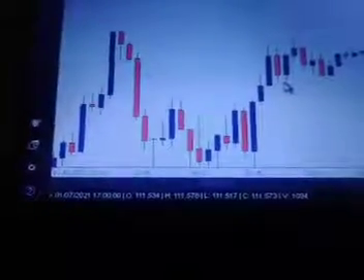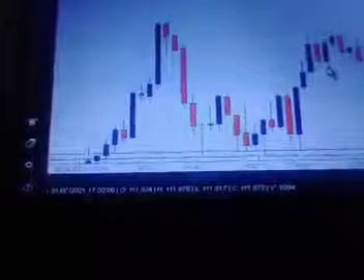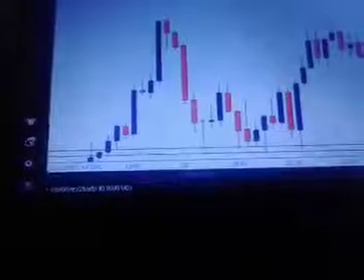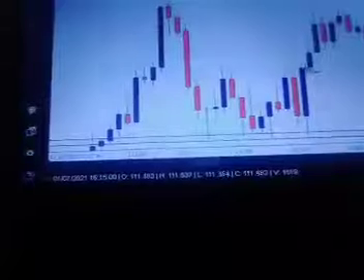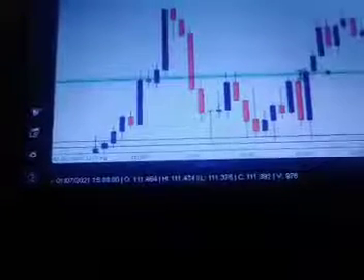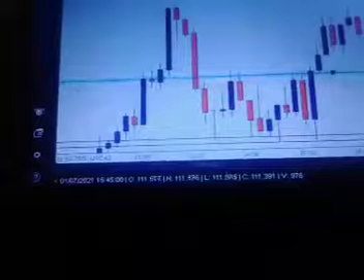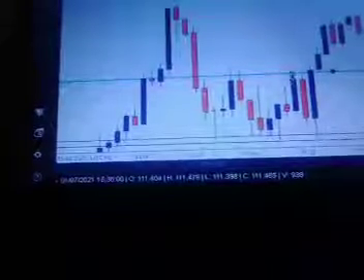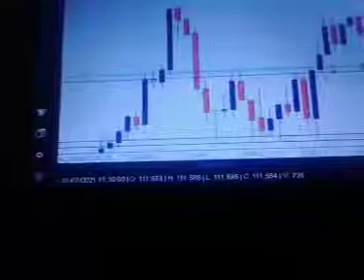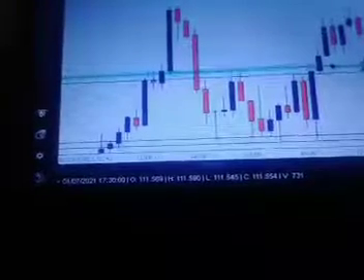Practically, you just want to draw a line or a zone where you see the market is testing a lot, where the market comes and turns around. So you can see this level of resistance up here. This was the level of resistance here, because from this zone the market came down.